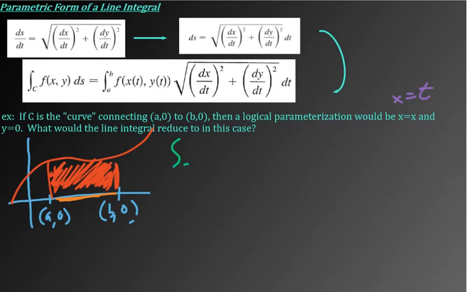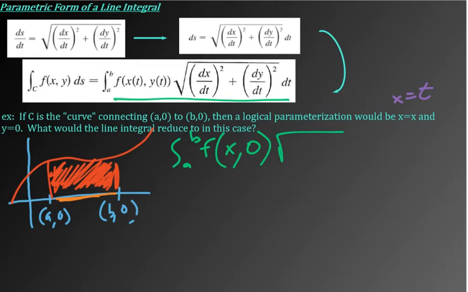So the integral from a to b, I'm literally looking up here, and then I have f of x equals t, or you could even say x is x. Let's just do x because it'll look a little more normal. And then we have 0, and then we have the square root.